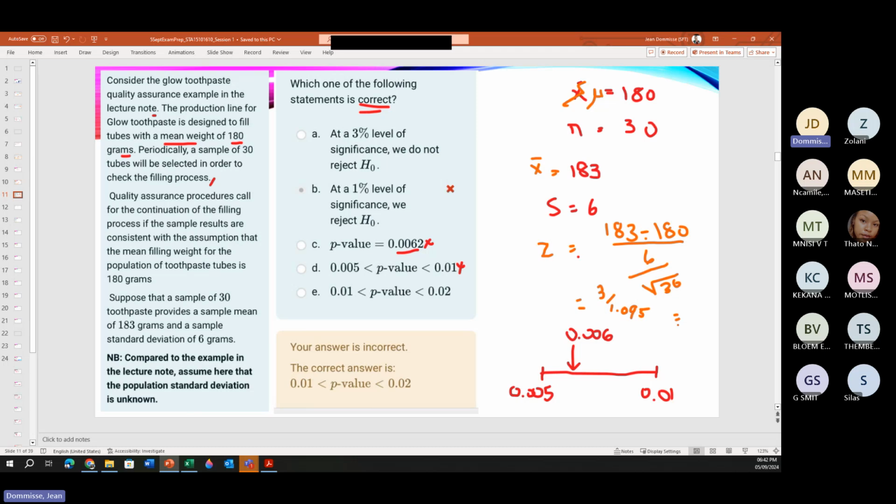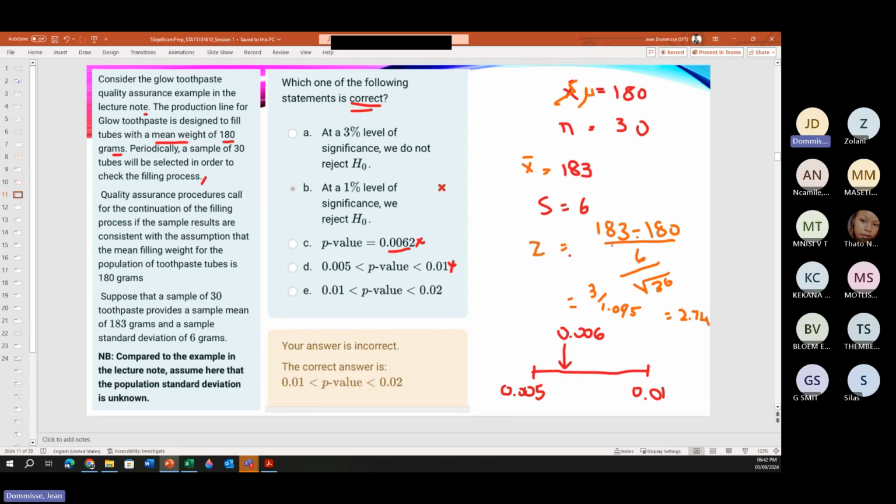And that will then be equal to 2,74. Okay, so 2,74. So let me quickly rewrite these numbers at the top so that I can make space for myself.